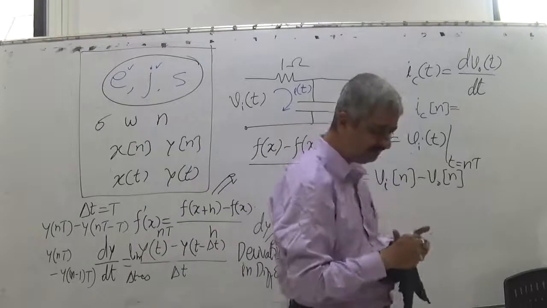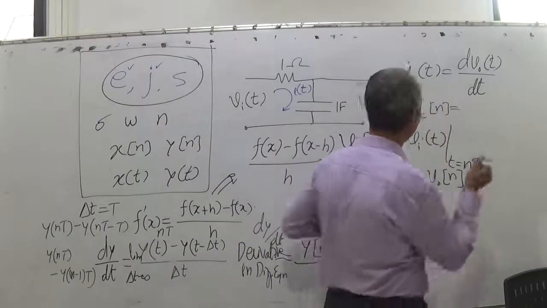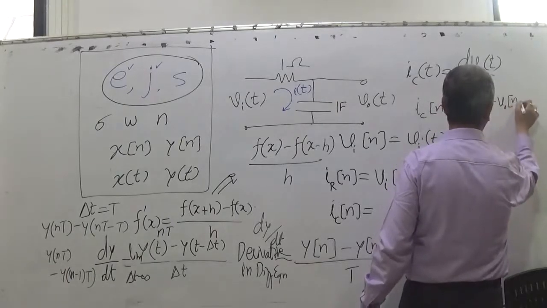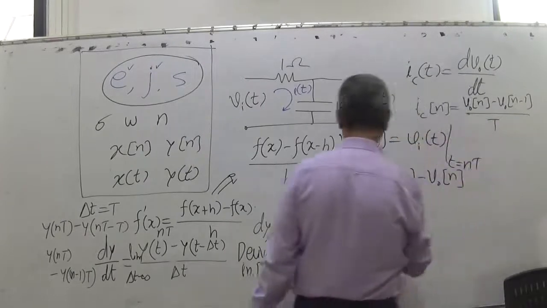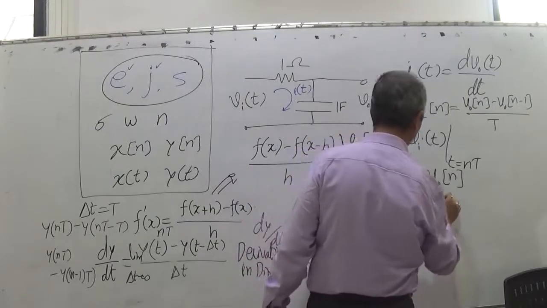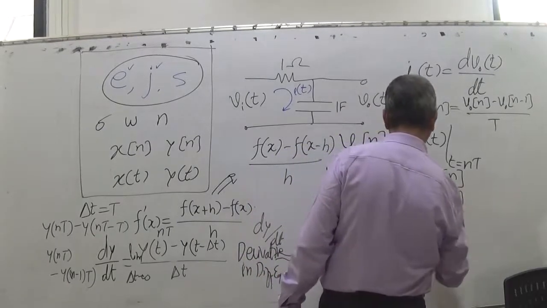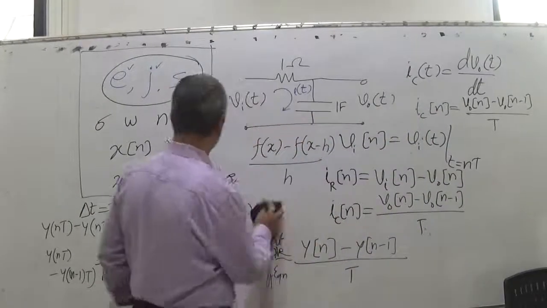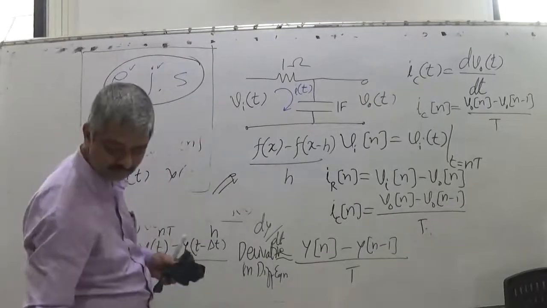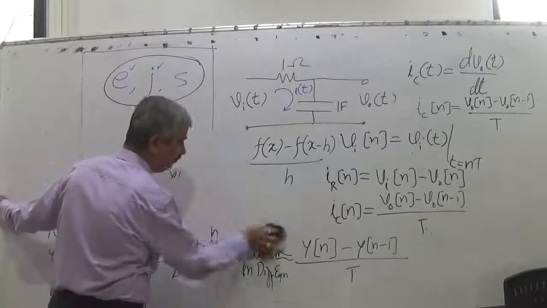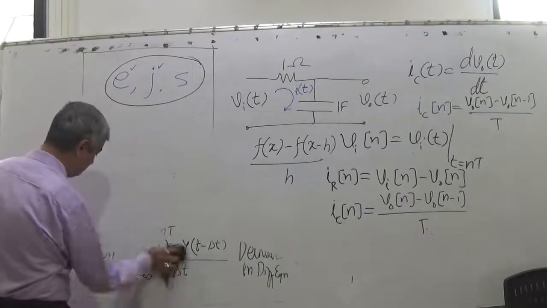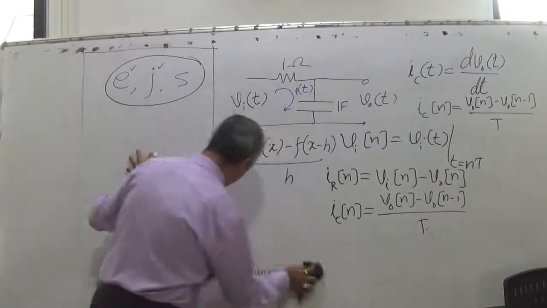So iC[n] would be equal to Vo[n] minus Vo[n minus 1] upon capital T. And since it is a series circuit, what should happen is that iR[n] and iC[n] must be equal.